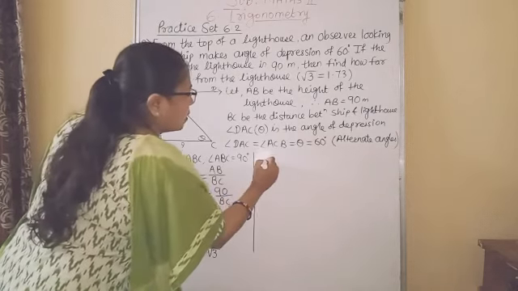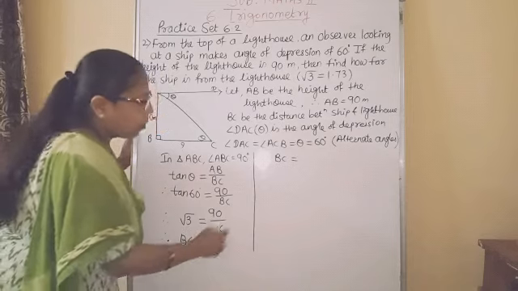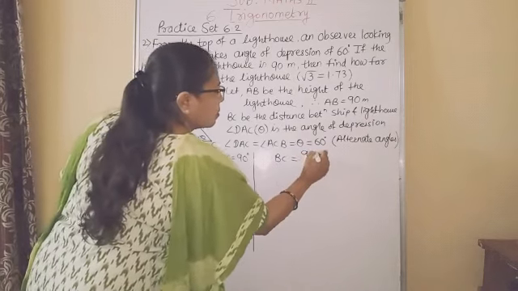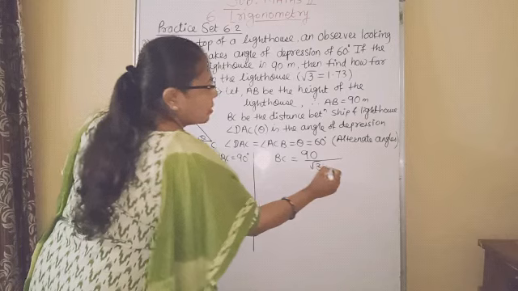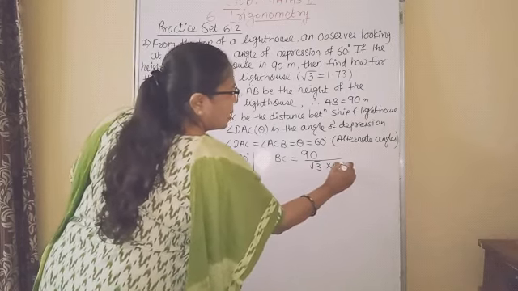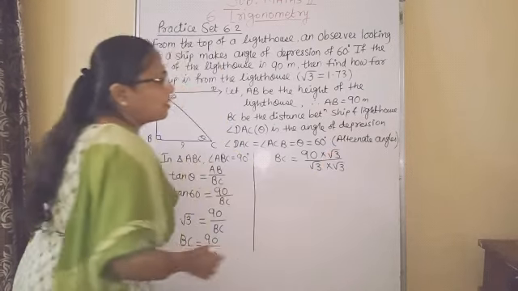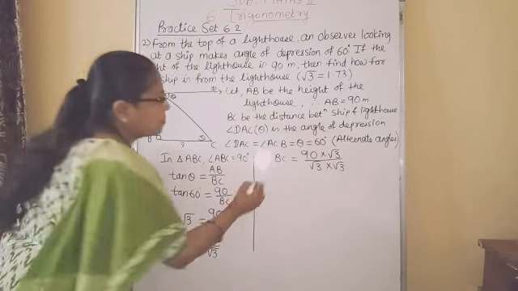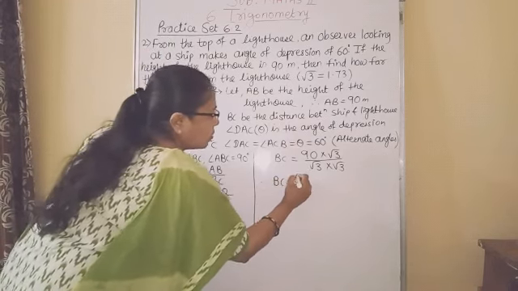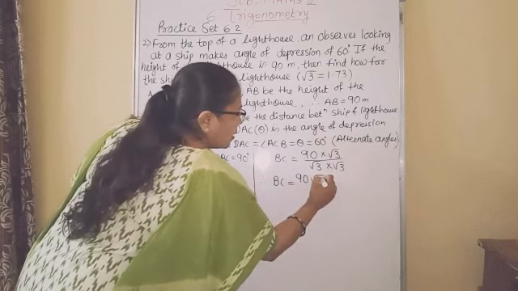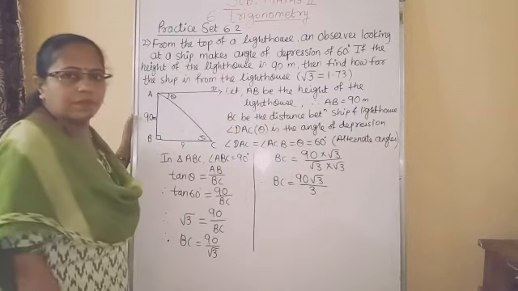So BC is equal to 90 upon root 3. Now to rationalize this denominator, we have to multiply it by root 3. So the numerator also we multiply by root 3. Therefore, BC equals 90 root 3 upon root 3 into root 3, which is 3.